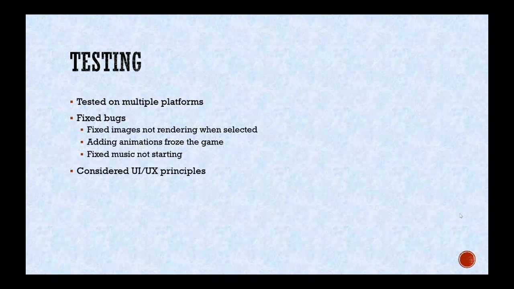We managed to fix images not rendering when we select from the menu bar which image we want to display in the puzzle. When we tried to add animations, the game was frozen. There was no movement, there was no shuffling. In the end, we managed to fix that, and so tiles get to expand when hovered over.